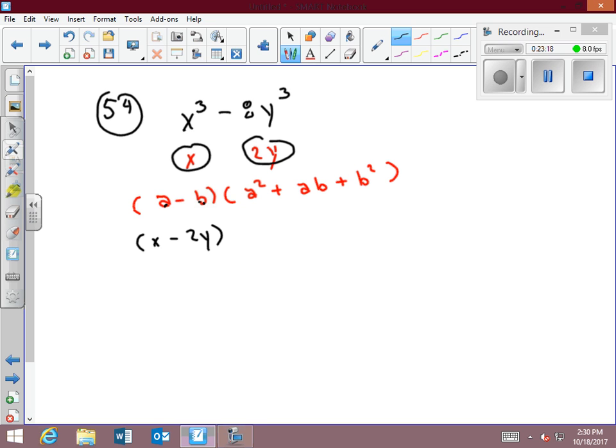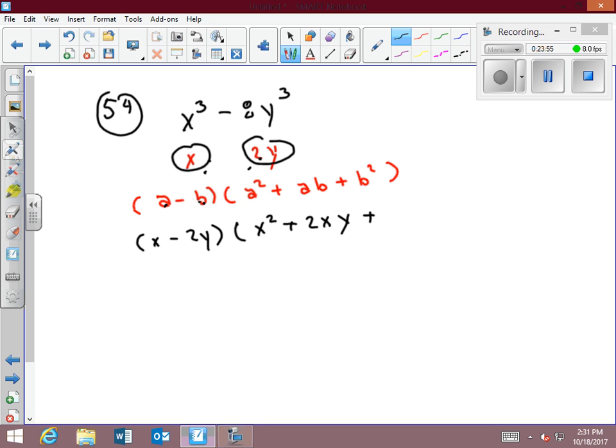Then it's A squared, so the A is which one? The X, right? So it's X squared. Then it's plus the product of X times 2y. How would you write X times 2y? 2xy, wouldn't you? You could write it as X times 2y, but that wouldn't be the way you'd want to have it look, right? And then it's going to be B squared.